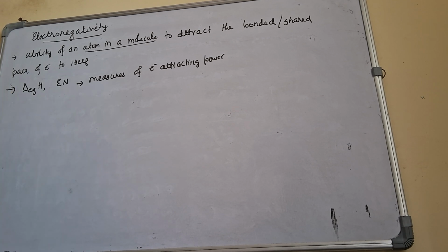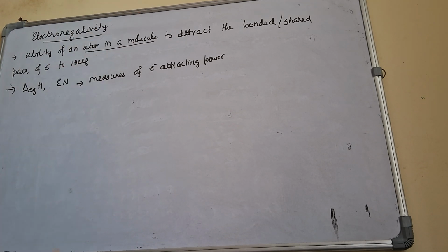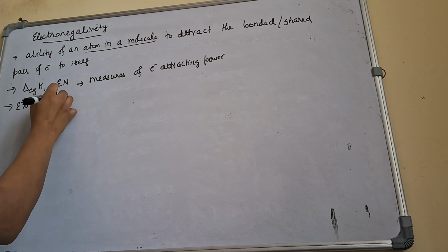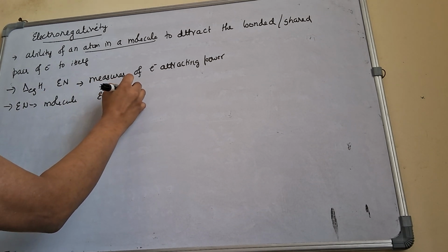Like in the case of fluorine, across the second period, it has a very high electron gain enthalpy because it wanted one electron and it is giving off energy. Electronegativity is also talking about the same thing, but what is the difference? Electronegativity refers to an atom in a molecule, whereas electron affinity talks about an isolated atom.